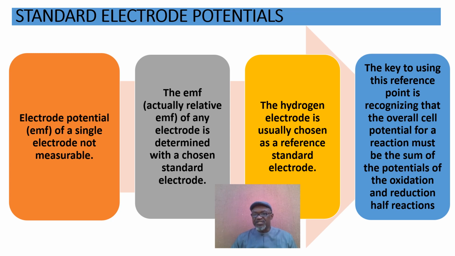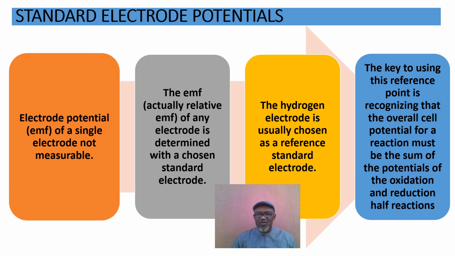The key to using this reference point is recognizing that the overall cell potential for a reaction must be the sum of the potentials of the oxidation and the reduction half reactions. So we can see that for us to talk about standard electrode potential or EMF, electromotive force of a cell, we're talking about the sum of the potentials of the two half cells.